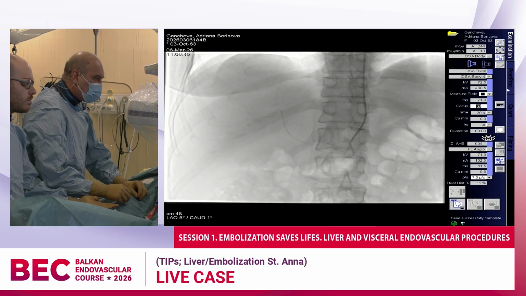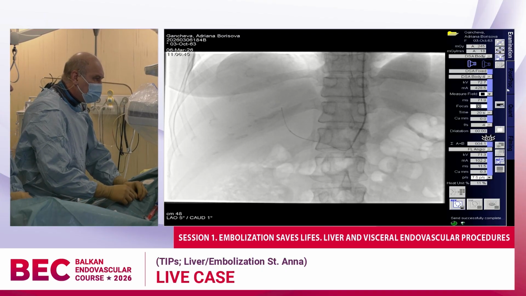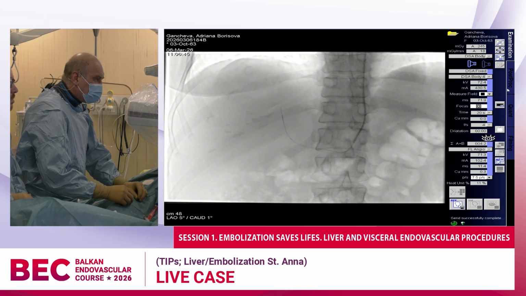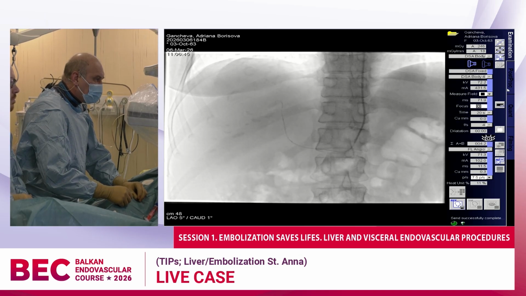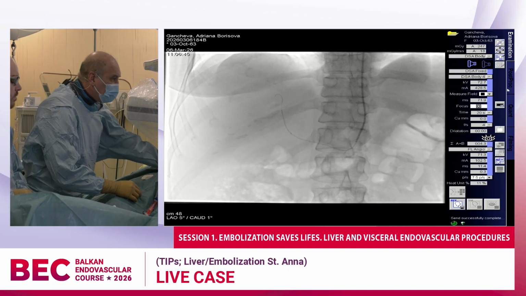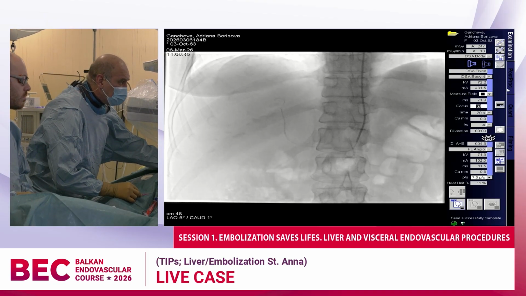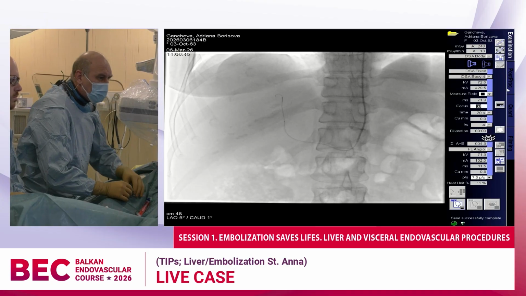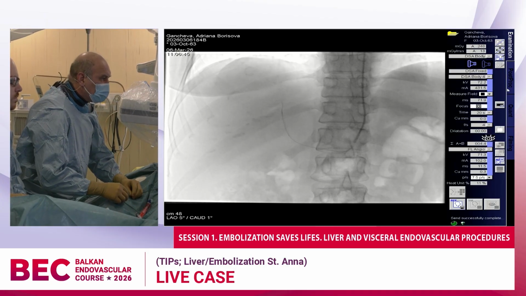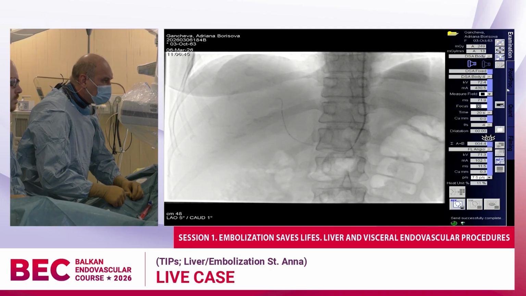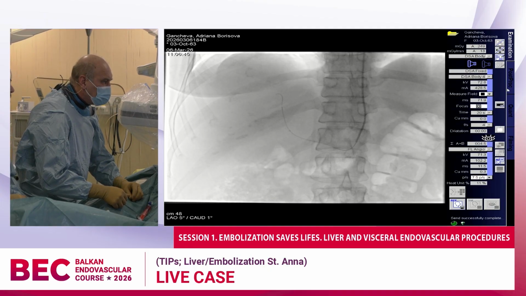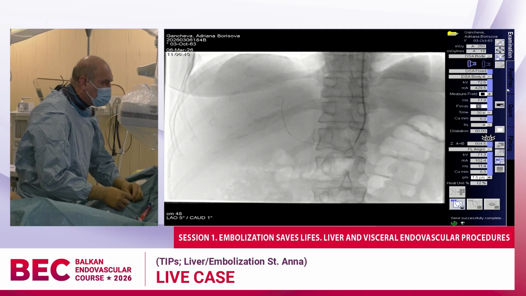We try to go a little bit deeper. It's a 6 centimeter tumor, so it's not a small tumor, it's a medium size. If we are not able to go absolutely selectively, we probably will accept this position.